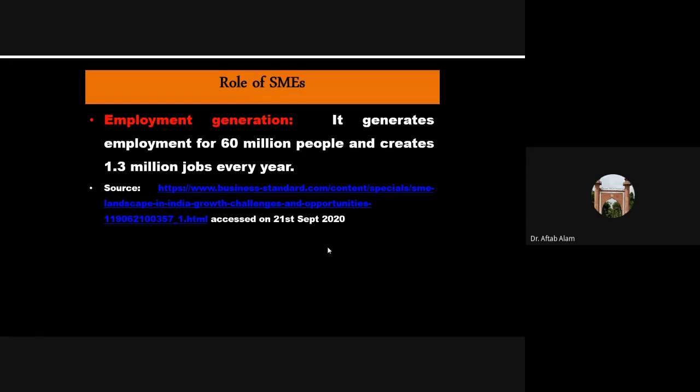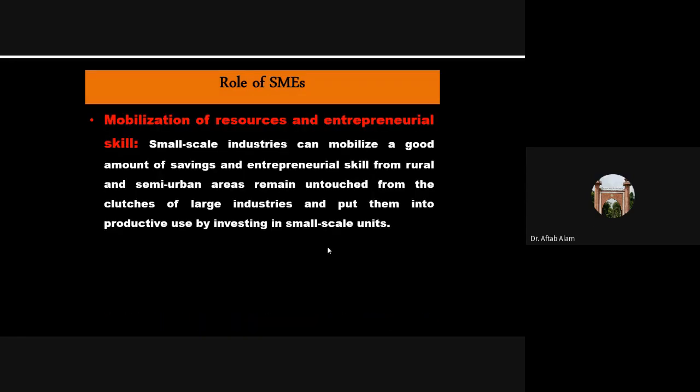So this way SME creates a lot of employment opportunities for the people in the economy. So this is the first role played by the SMEs.